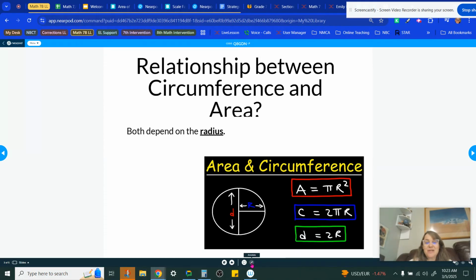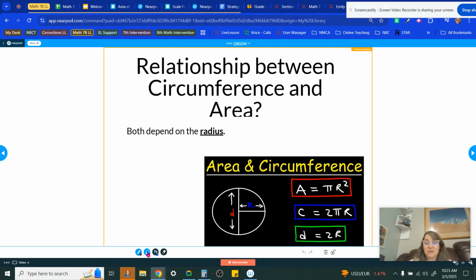And you guys, this is actually something that makes circles really, really special. And the big idea here is that if you increase the radius, the whole circle gets bigger proportionally. So the area is going to increase and the circumference is going to increase.